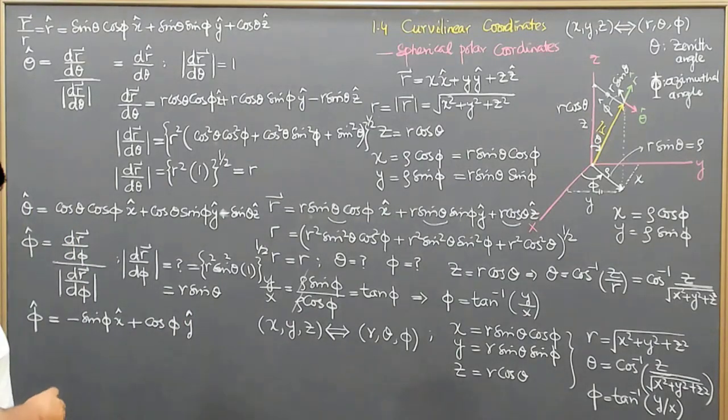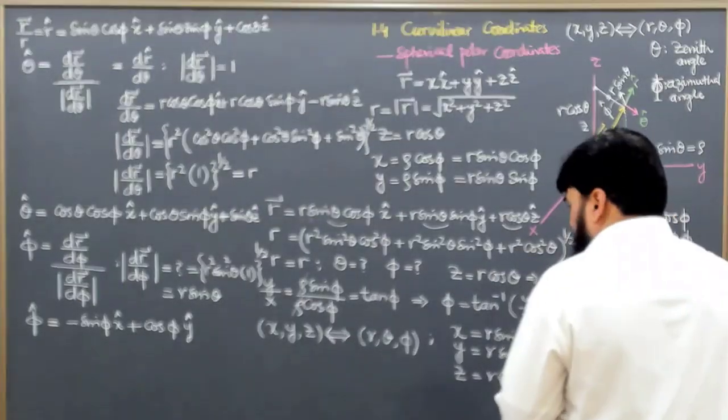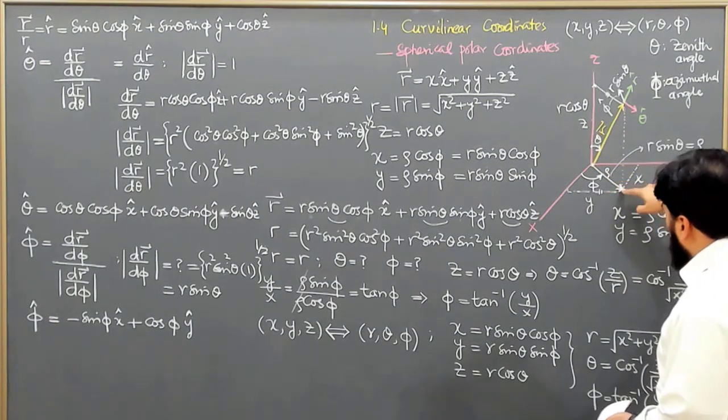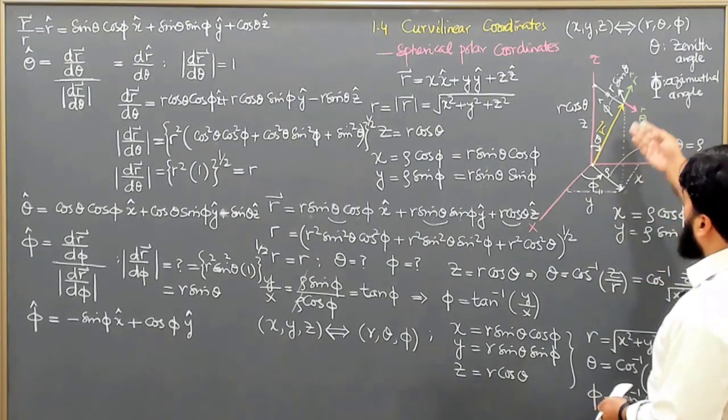So we found the phi unit vector as well, and we can see this is not that difficult even to judge from here. This is our vector projection in the xy plane, and phi starts from the x-axis and goes this way.